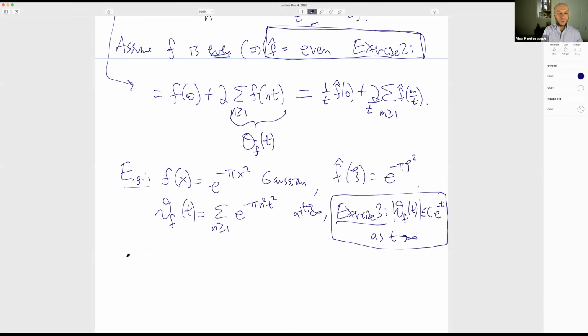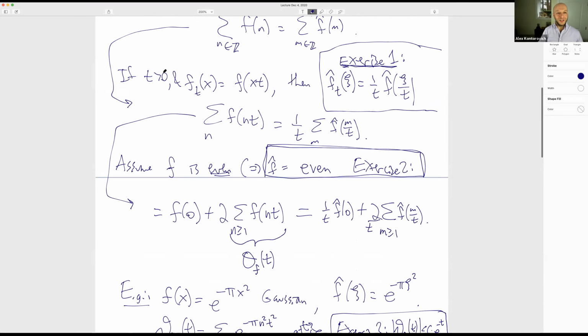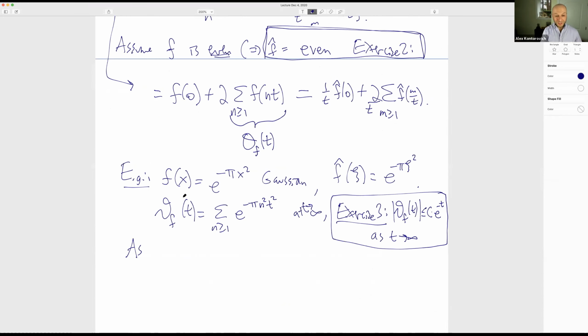What about as t goes to 0? So remember, this parameter t was positive. So this is supposed to be a nice function on 0 to infinity. So we took the real valued function f, and we've turned it into a theta function, which we want to think of as having values in the positive real numbers. So as t goes to 0, what can we say? Well, now it's very hard to say. Each of these terms individually is going to 1. And now we're adding up 1 infinitely often.